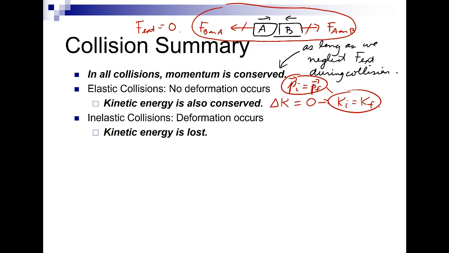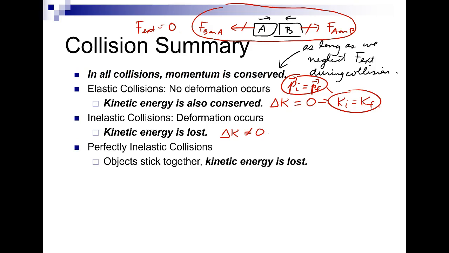In inelastic collisions, you have deformation and kinetic energy is lost. Okay, so the change in kinetic energy is not equal to zero, and there's actually three things that can happen when you lose kinetic energy. Well, sorry, two things can happen. You can either gain kinetic energy, or you can lose it, or it's not changed at all. So I guess that's the third. Okay, so in a perfectly inelastic collision, this is where objects stick together and kinetic energy is lost.